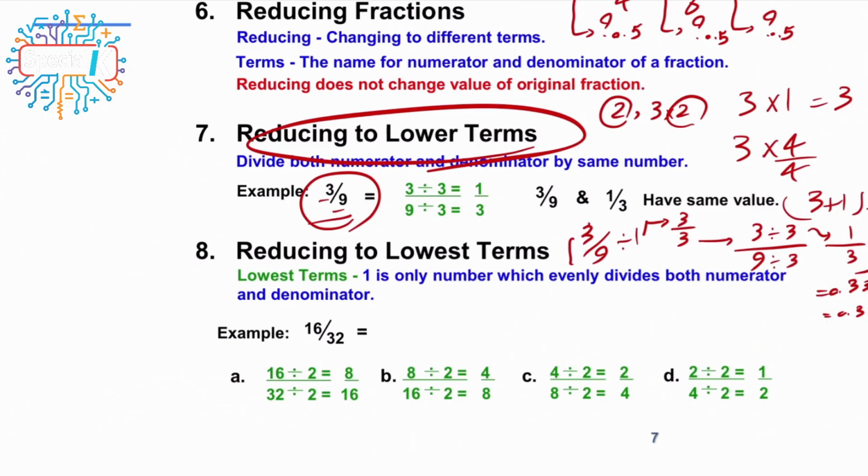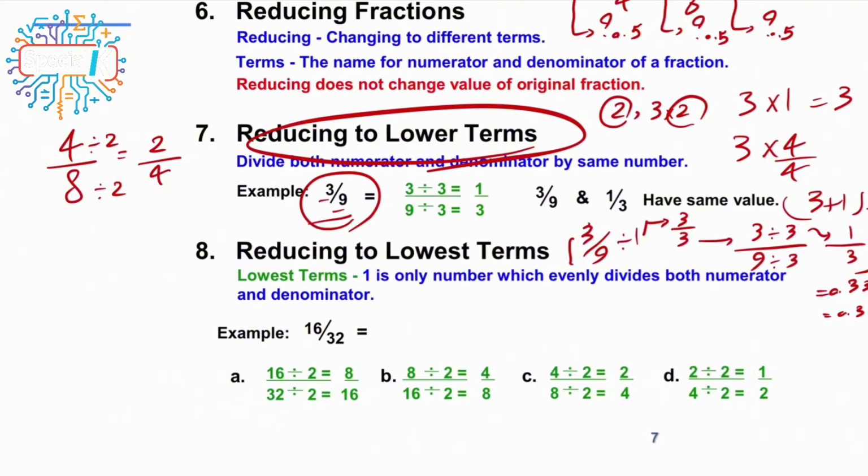But here's another question. Just before moving to the next part, to have some kind of example, reducing to lowest terms. What does that mean? Imagine that I do have 4 over 8. Some of you would say, okay, I can divide the 4 by 2, I can divide the 8 by 2, and I have the final answer as 2 over 4. This is right, reducing to the lower term.